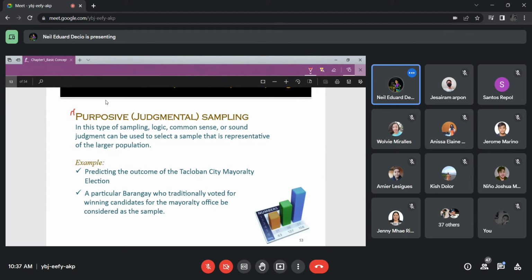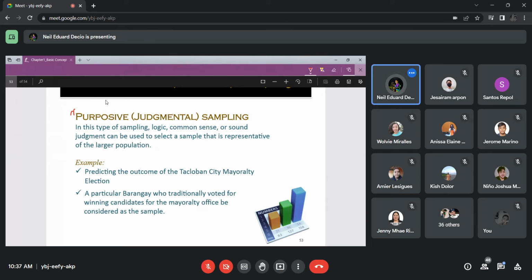For the purpose of the data you want to observe, you will have criteria, and from this criteria, the purpose of your study is included.